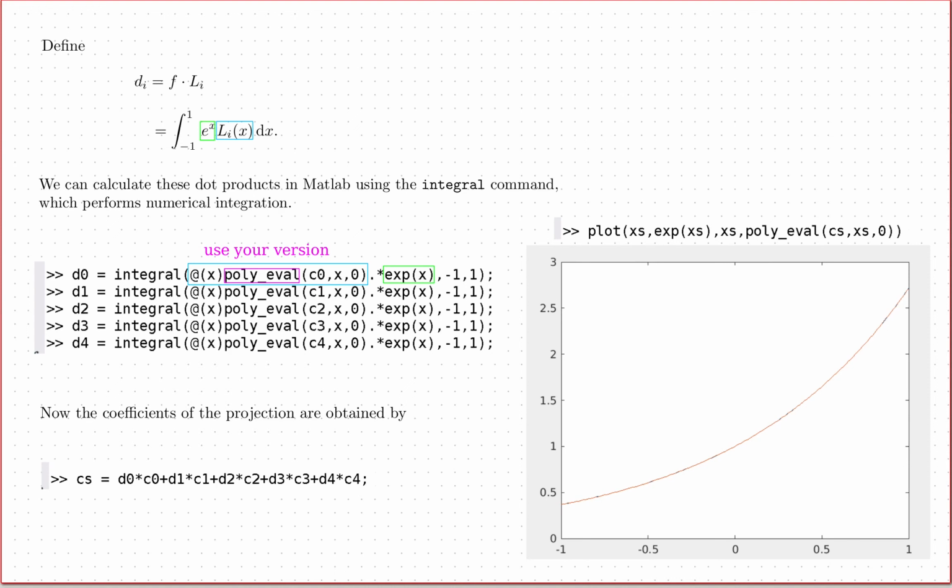So now what we have to do is find all the dot products with our function f, which is the exponential function, with all those basis vectors, the Li for i going from 0 to 4. So I'll define di to be the dot product f dot li, which is the integral from -1 to 1 of e to the x times li of x.